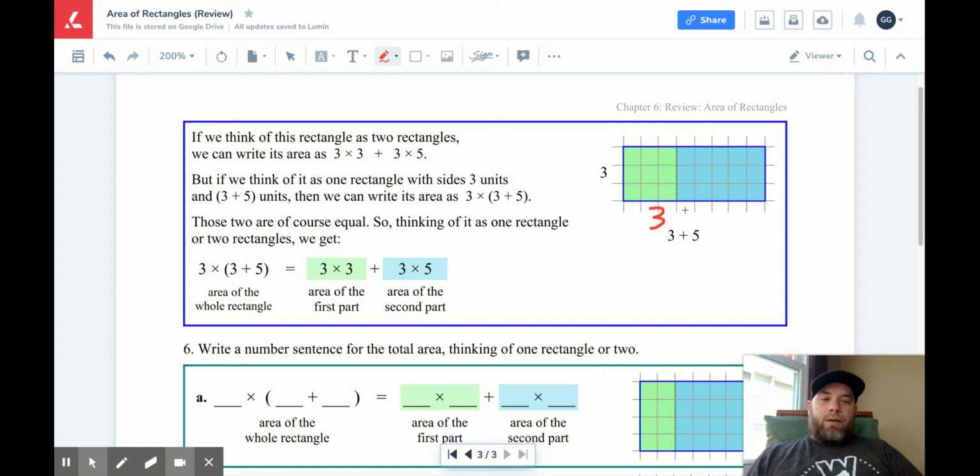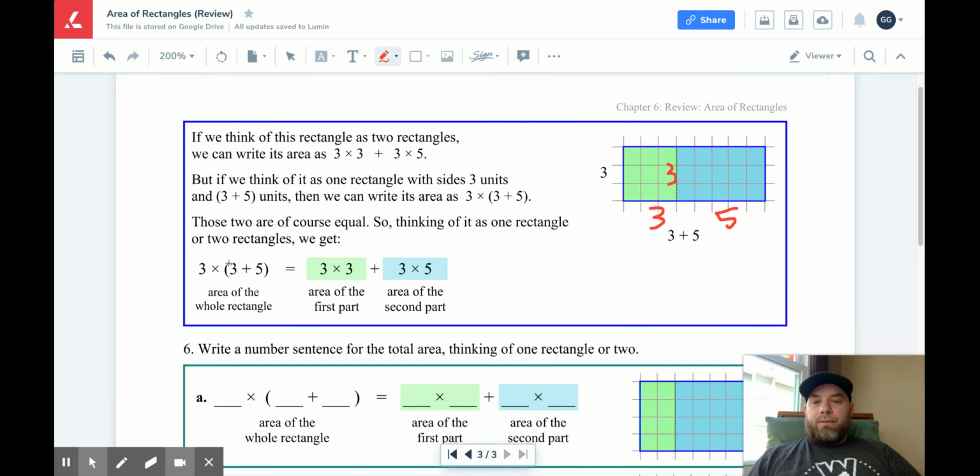I also have a 5 right here. 1, 2, 3, 4, 5. And I have a 3 right here. So these are 2 separate shapes. So I have 3 times 3 to get the area here. And I have 3 times 5 to get the area here.